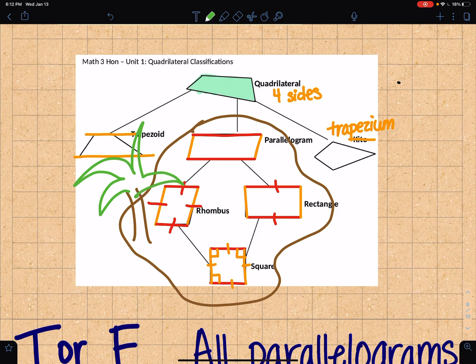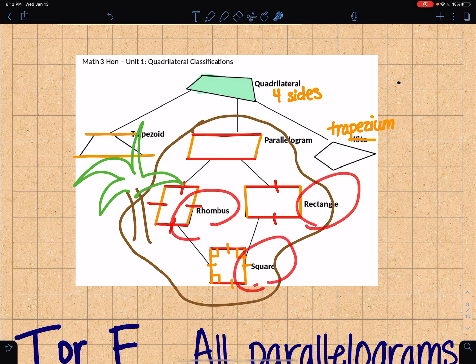Okay. All parallelograms are rectangles. No, that's not true because you can be a parallelogram and be a rhombus, and you could also be a parallelogram and be a square. Now, a square is a type of rectangle, but a rhombus is not.